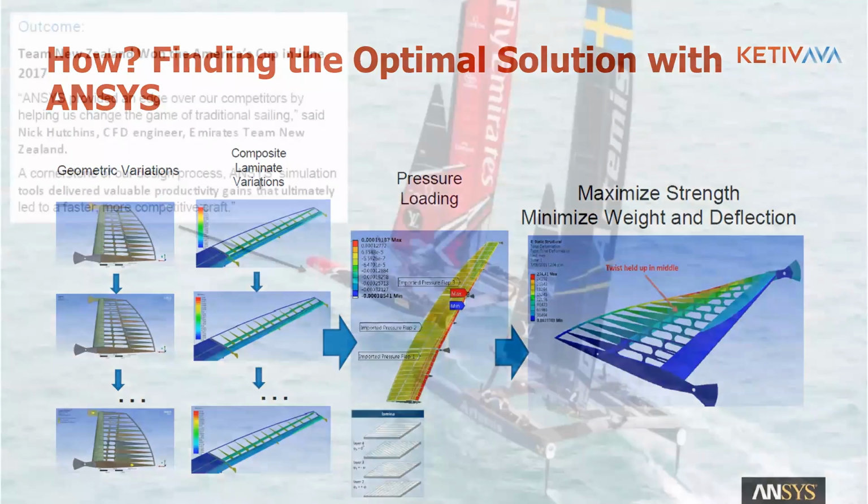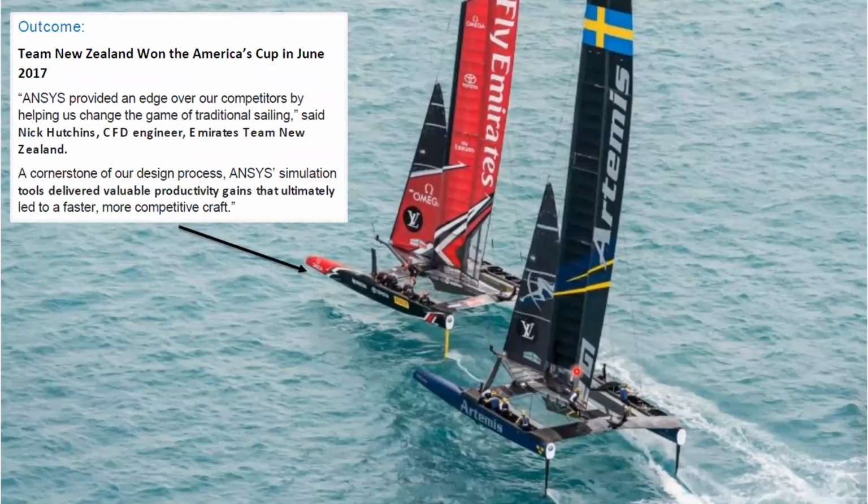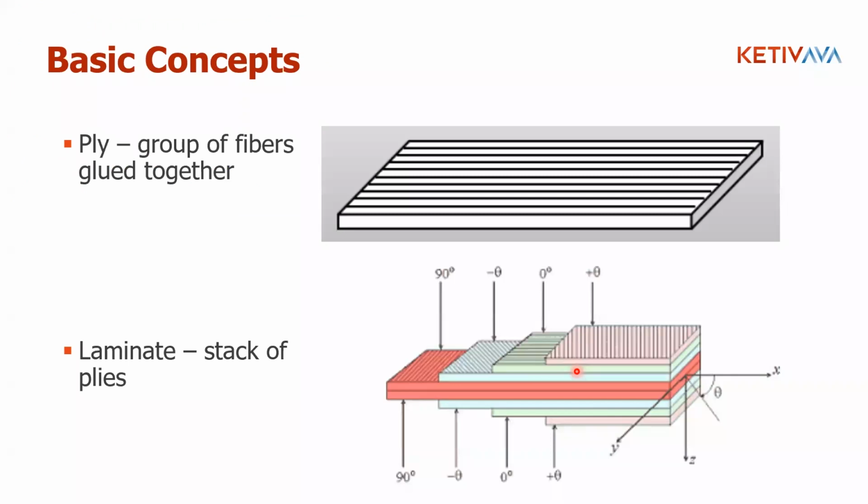The team in New Zealand won that competition in 2017, and that's just an example of technology being used to optimize the performance of the product that you're working with. Okay, so let's look at some of the basic concepts of composites.